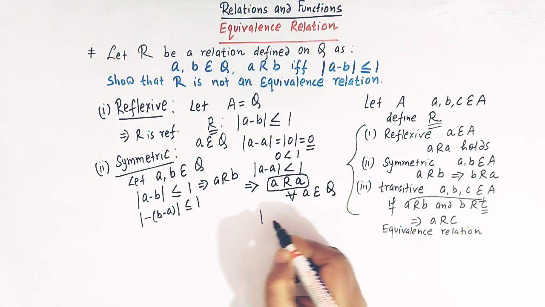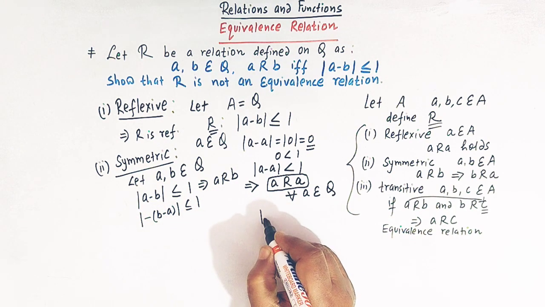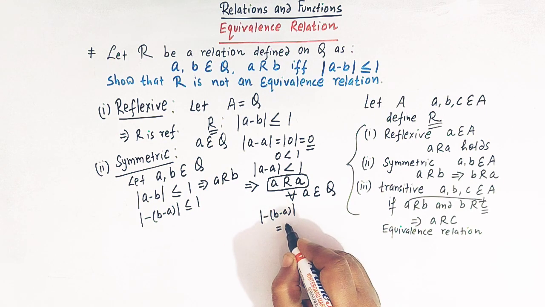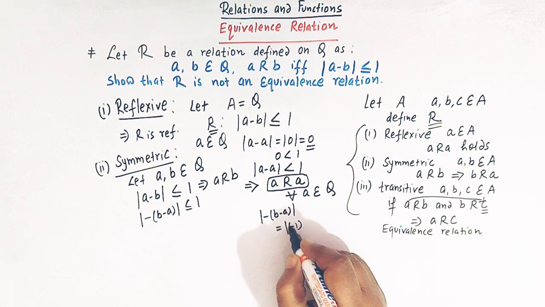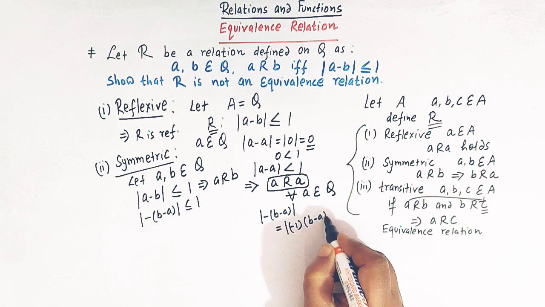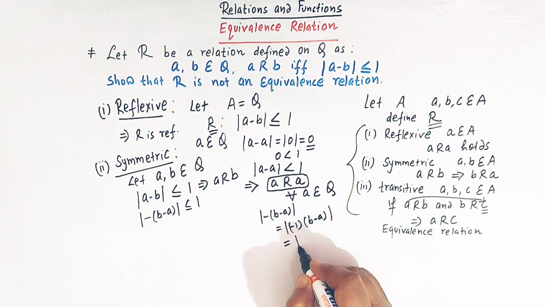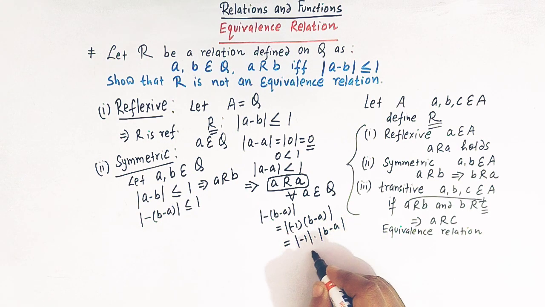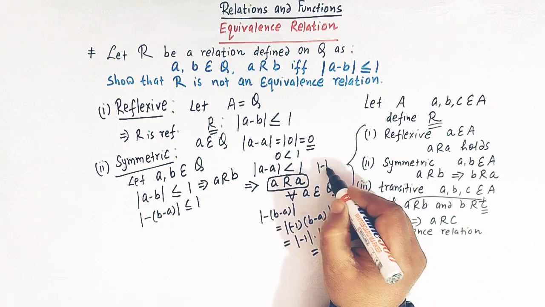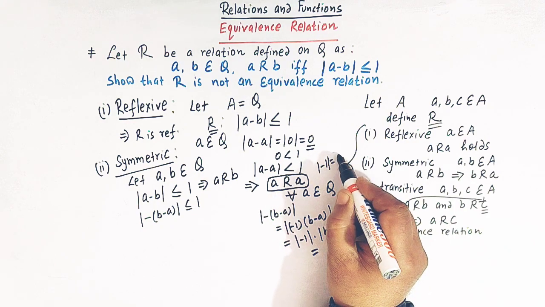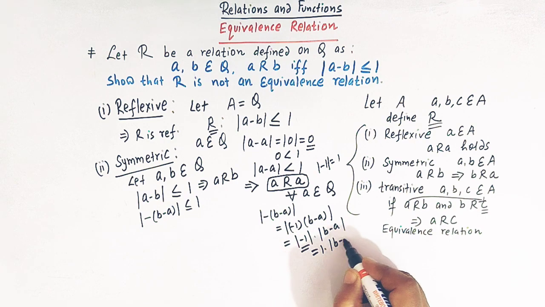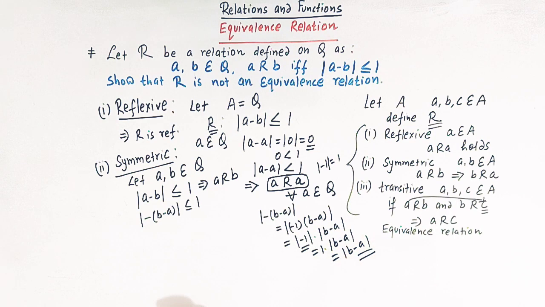We can easily see that mod of negative B minus A can be written as mod of minus 1 times B minus A, which is equal to mod of minus 1 times mod of B minus A, and mod of minus 1 is equal to 1. So this is 1 times mod of B minus A, that is mod of B minus A.